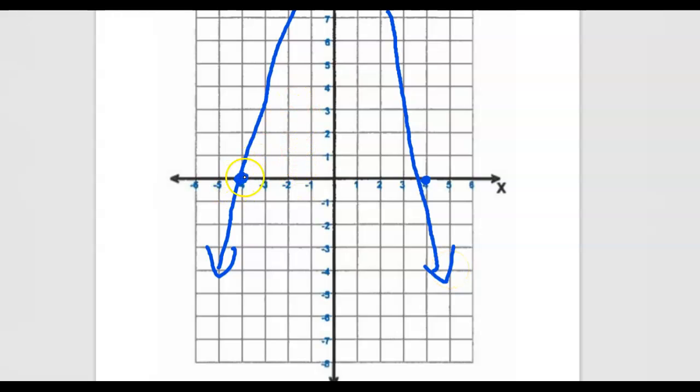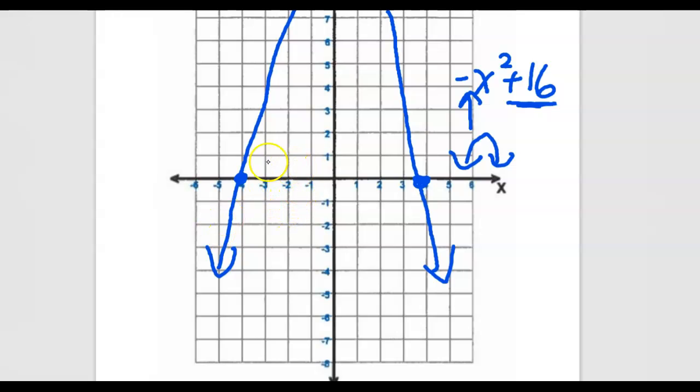This is why we have 2 x-intercepts and 1 y-intercept, because this parabola is facing downward since it was negative x squared plus 16. The negative tells me that it's going to be facing down. And since my y-intercept is up here at the positive end, I have 2 x-intercepts.